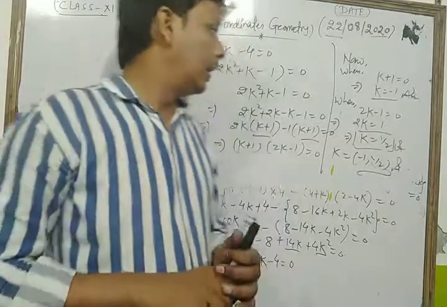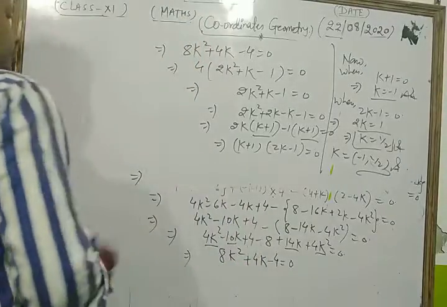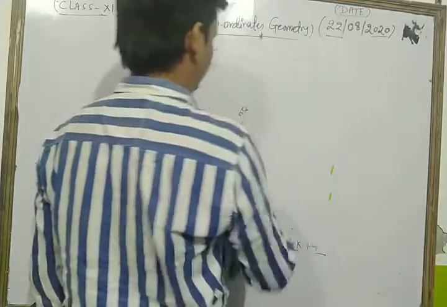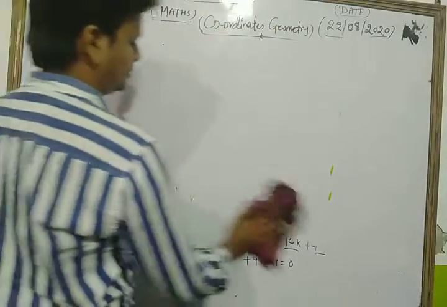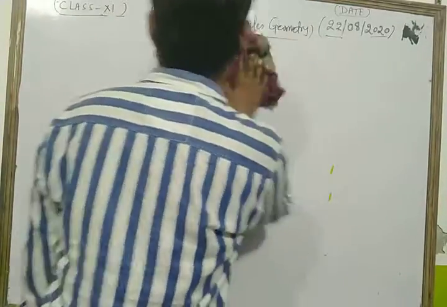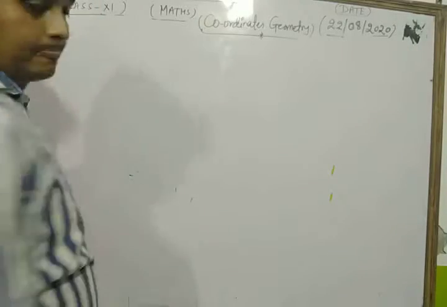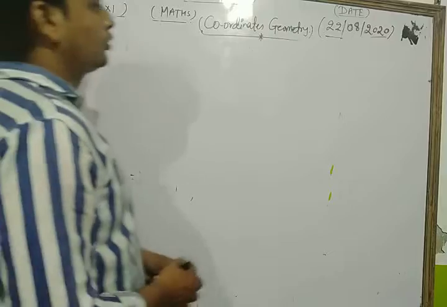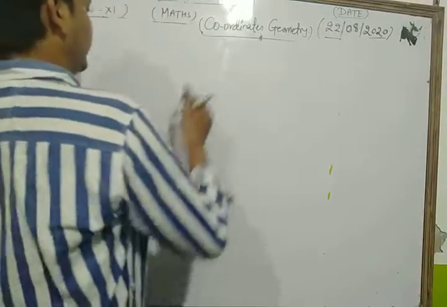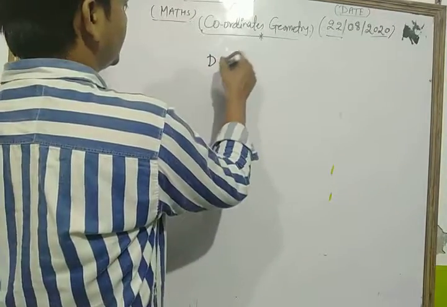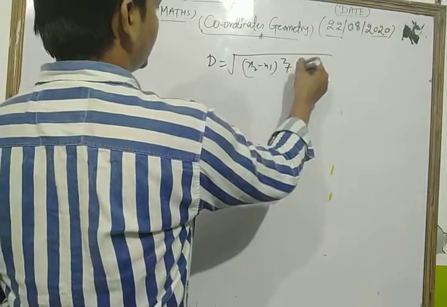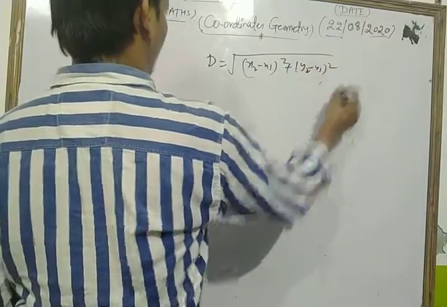Dear students, now one important thing is that you know very well the distance formula between 2 points: x2 minus x1 whole square plus y2 minus y1 whole square.